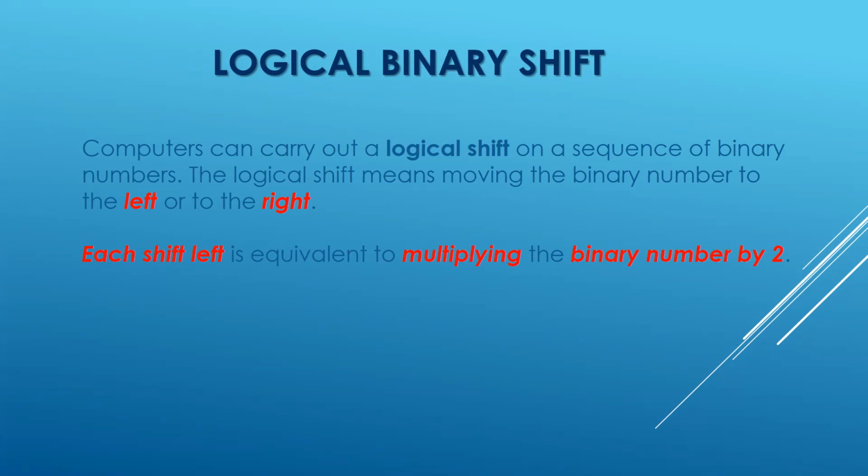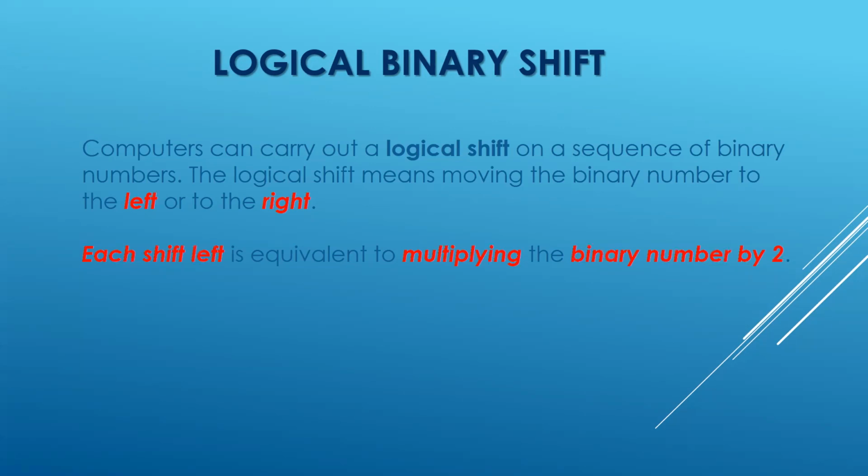Quick. I said each shift left means multiplying the binary number by 2. So what do you think will be the effect if the value is shifted 2 places to the left? Multiplication by 2 to the power 2, that is 4. That's great.